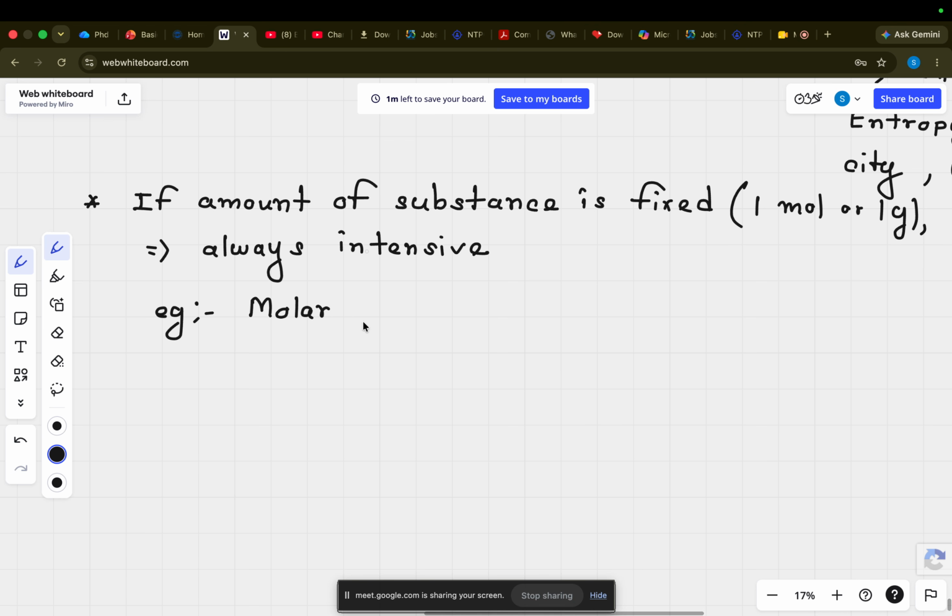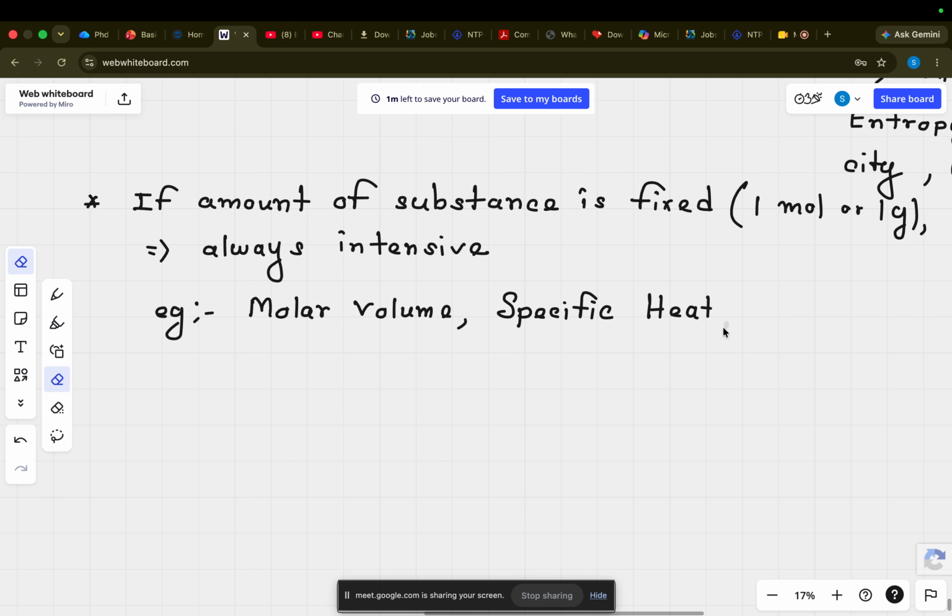Molar volume I already mentioned. Molar volume is your 22.4 liter, so that is a fixed amount. Or specific heat. Here the heat amount is fixed.